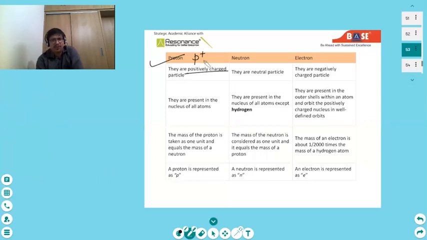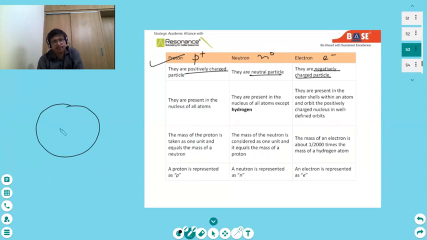Coming to the difference, the proton and the neutron are represented as shown, neutron as n naught, and the electron is represented like this. So they are neutral particles and negatively charged particles. Particle means they have mass. If suppose this is an atom, your protons and neutrons are present in the center of the atom, and this is known as the nucleus.